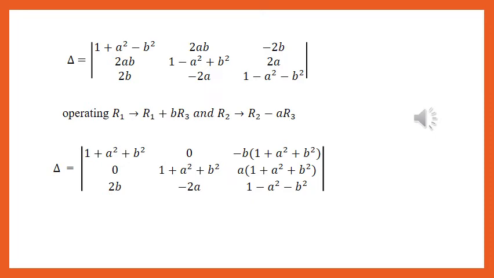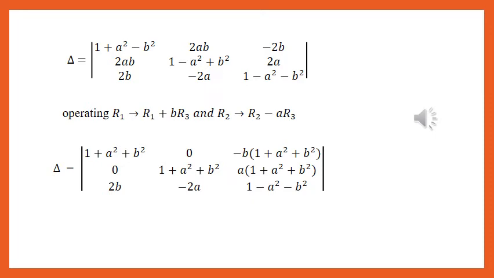Here the first element of the third row is 2b. Let's multiply with b. Then it becomes 2b². Now add 2b² to the first element of the first row. That is 1 + a² − b² + 2b². Then what do we get? We get 1 + a² + b². Now similarly, the second element of R3 is −2a.